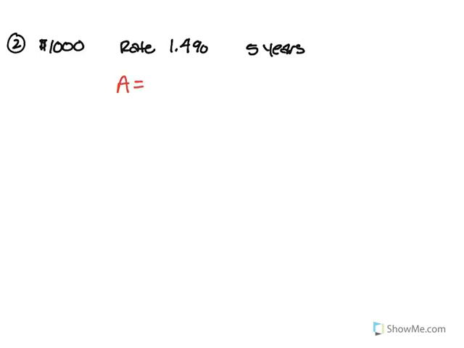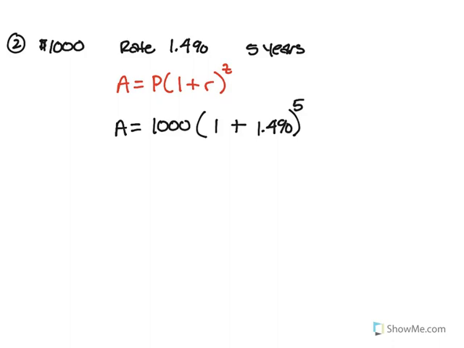So the formula, we're going to say 1,000 times 1 plus 1.4%, and we're going to raise that to the what, 5th power? $1,000 times 1 plus 1.4%, close it, top hat 5, and we get a decimal of 1,071.987633.